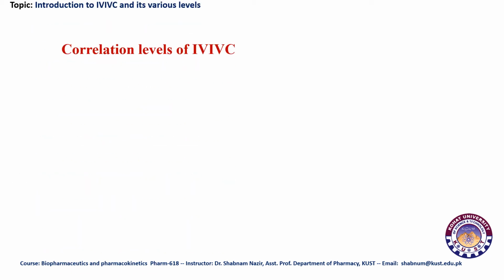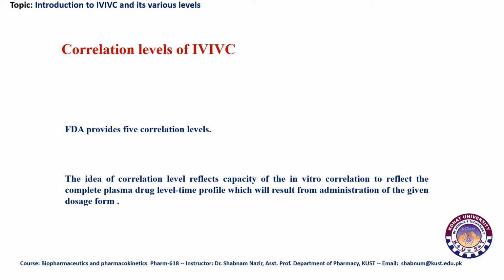So, correlation levels of IVIVC. FDA provides 5 correlation levels, and the basic idea behind correlation levels is to reflect the capacity of the in vitro correlation to reflect the complete plasma drug level time profile which will result from administration of the given dosage form.